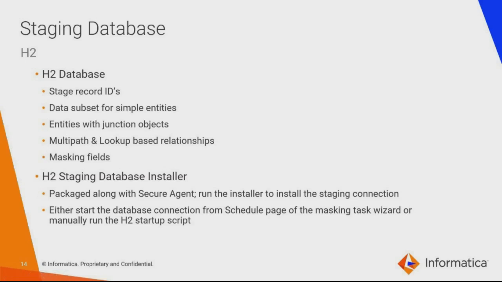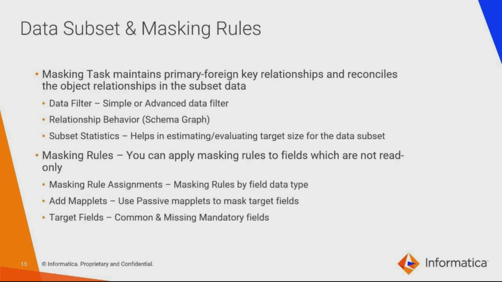And the startup script, you can find it in your secure agent installation directory, data integration server, the latest version that you see, IICS main, Tomcat, and CMask. There you would see the h2_start.bat.